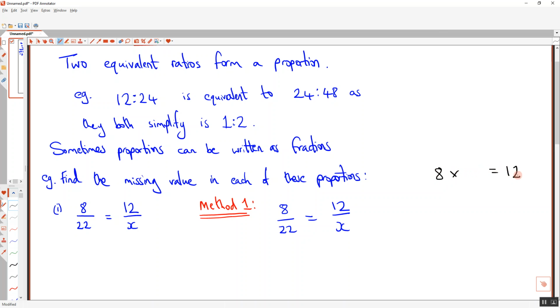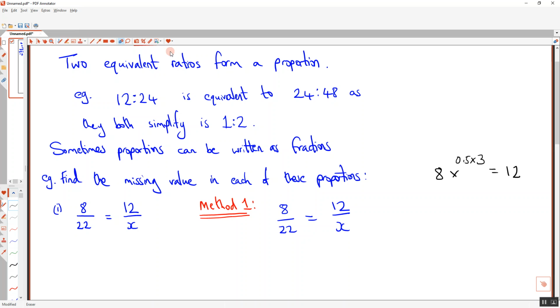Well, I could half it, or multiply it by a half, get 4, and then multiply by 3, and that gets me the number 12. And then I would need to do exactly the same thing on the bottom. So that's a good way.